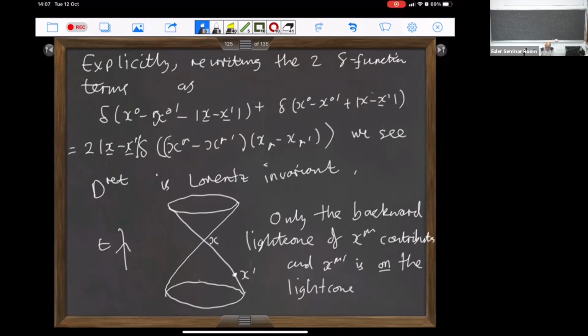And it's on the light cone because here we're talking about the massless wave equation. If we added a mass term, then it would be inside the backward light cone.